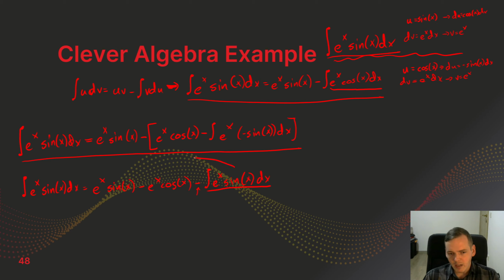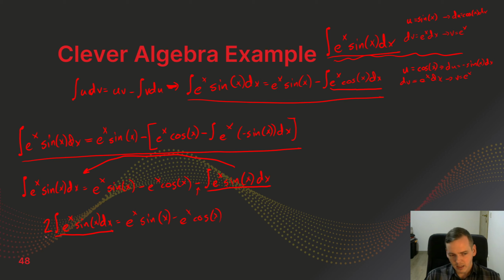So what can I do? I can move this to the other side, right? I'm just doing an algebraic manipulation, adding this whole chunk. And what does that mean? That means on the left-hand side, now I have two of these integrals: 2 times the integral of e to the x sine of x dx is equal to e to the x sine of x minus e to the x cosine of x. And now, hopefully most of you are starting to realize, wait, I wanted to find what this was equal to.